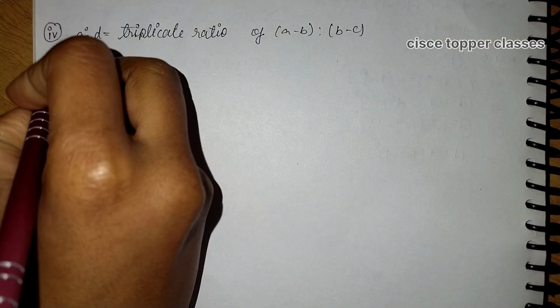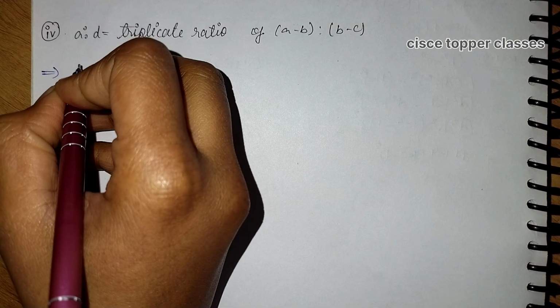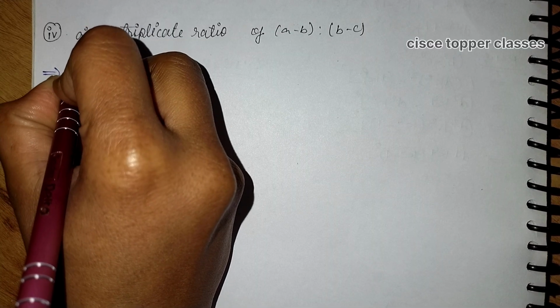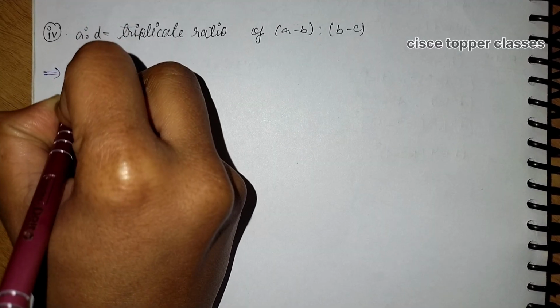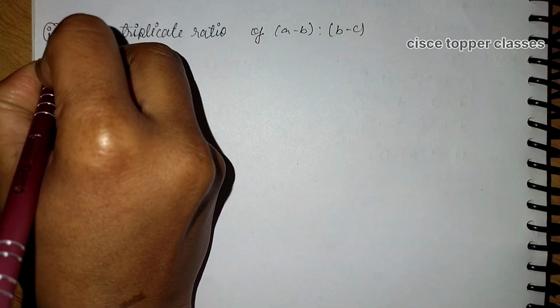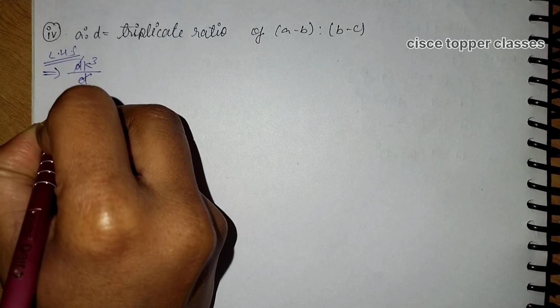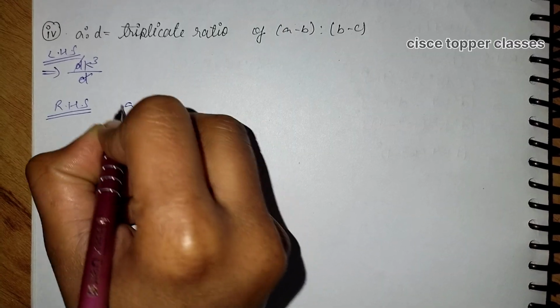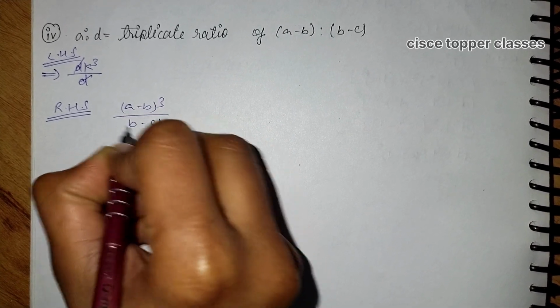Let us solve question number 4th part of this question 23. So A by D will become dk cube upon d. So d will be cancelled out in the LHS part. If we solve the RHS part here, that will become (A minus B) whole cube upon (B minus C) whole cube.